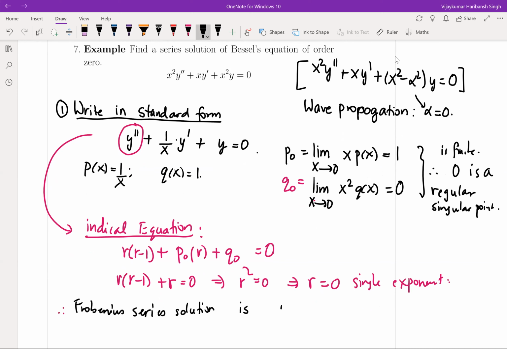is y of x equals summation n equals 0 to infinity Cn x to the power n. So let's work it out.